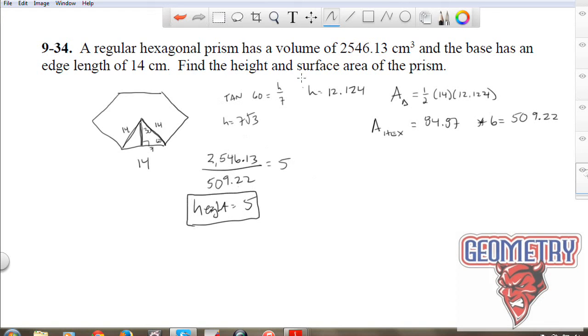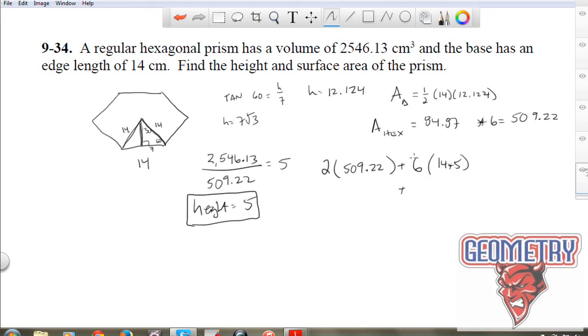And the last part says find the surface area. So the surface area is we're going to have 2 of the hexagons, the top and the bottom, plus 6 rectangular pieces that are each 14 by 5.